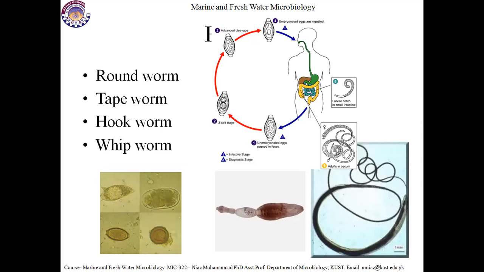And if you see the helminthes, roundworms, tapeworms, hookworms, and whipworms, these are present in the environment in various stages, in variant forms: in egg form, in two-cell form, and in advanced larvae, and embryonated eggs are ingested through water by humans. These cause infection and disease in humans because they take nutrients from the healthy individual and cause negative health effects on the host, the intermediate host.